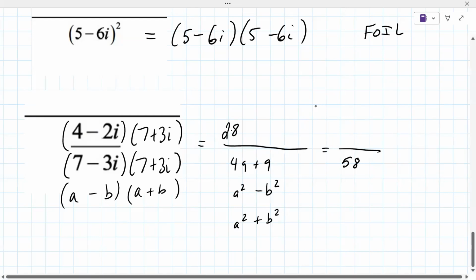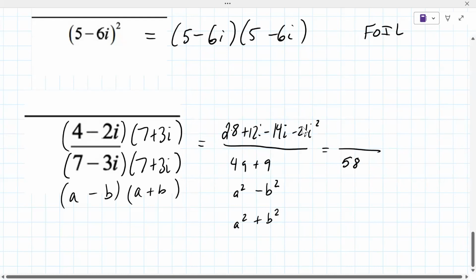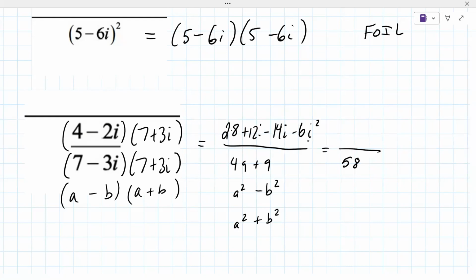Okay, we got a different result, like you said all the right things. You get 28 plus 12i minus 14i minus 21i squared. Oh, sorry, minus 6i squared. I put minus 6i, and also I added the two instead of subtracting them. So this becomes positive 6.